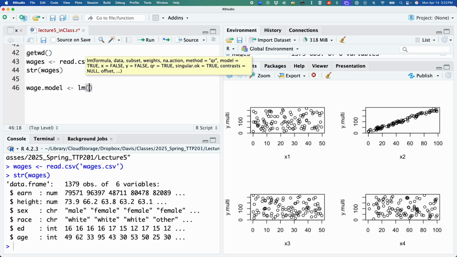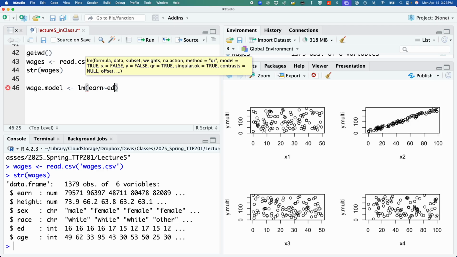Let me go ahead and run a regression. I want to understand the influence of certain things on a person's wage, their earnings. Let's look at a couple of things.